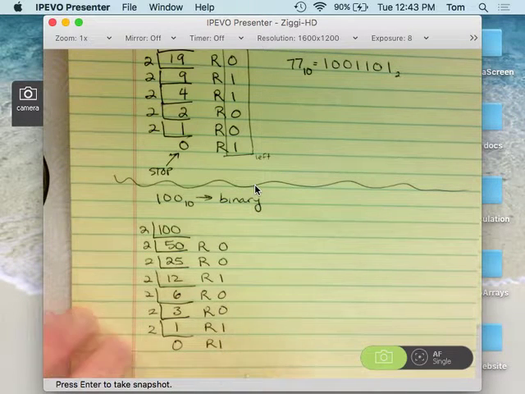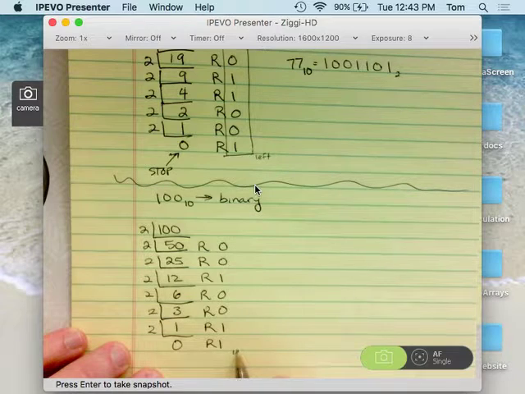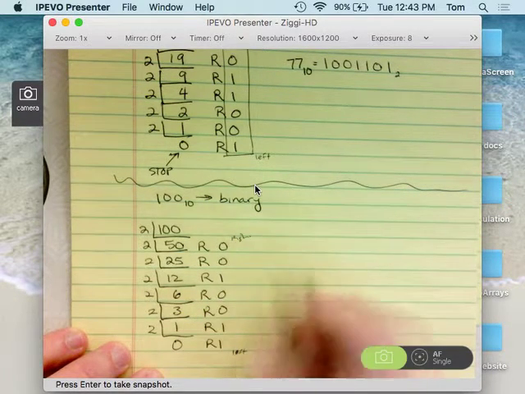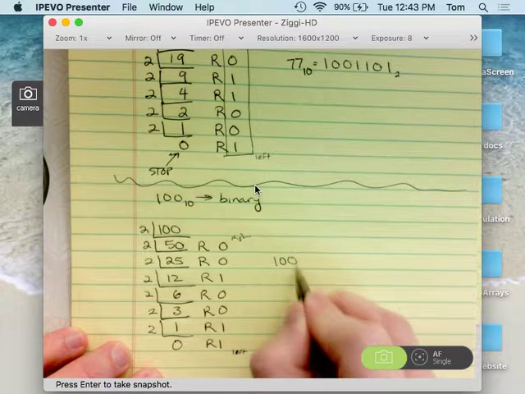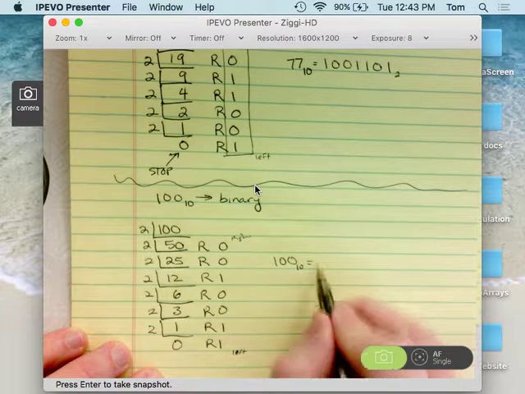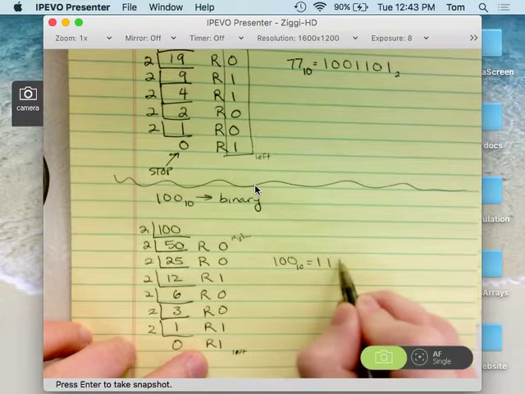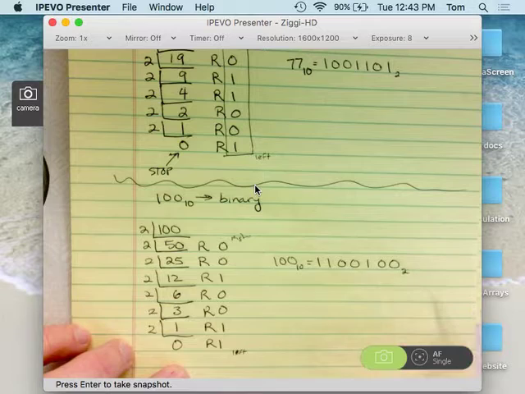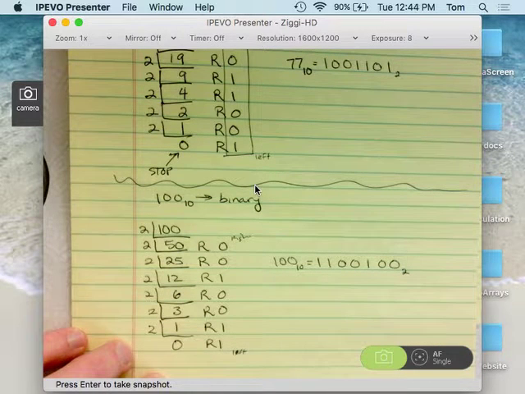And then again, this is your left, this is your right. So 100 base 10 equals 1100100 base 2.